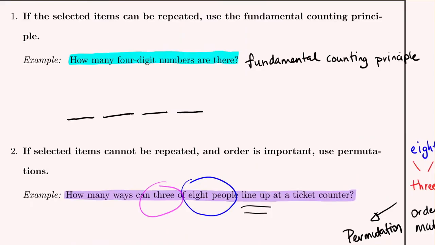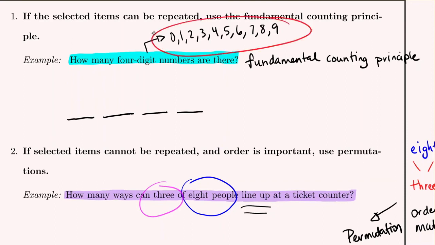Remember when it says how many 4-digit numbers, unless they specify otherwise, the digits that we're allowed to use are 0, 1, 2, 3, 4, 5, 6, 7, 8, and 9, since we're not otherwise restricted. Now, I'd like you to consider, could I put any of these digits in the first digit to the left, the thousands place? Could any of those 10 digits go here?